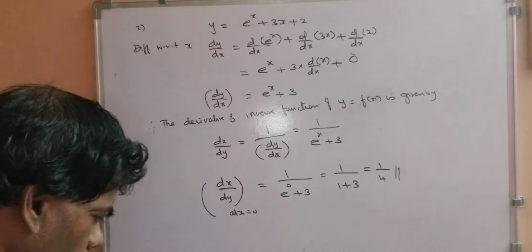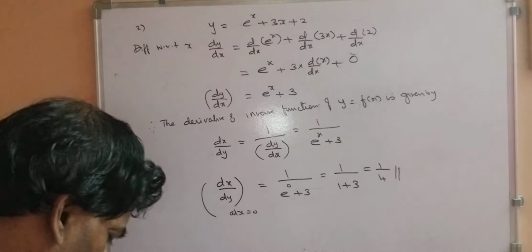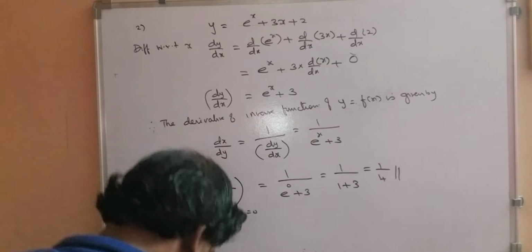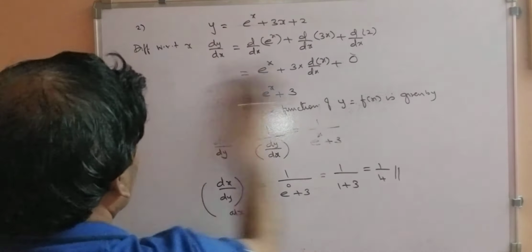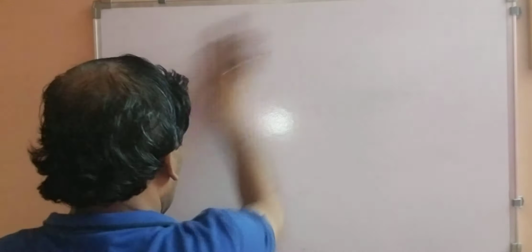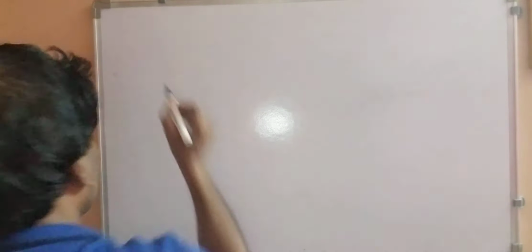So this is how you have to do the sum. And one more sum we will do it now. This is type 3 over. Now type 4.